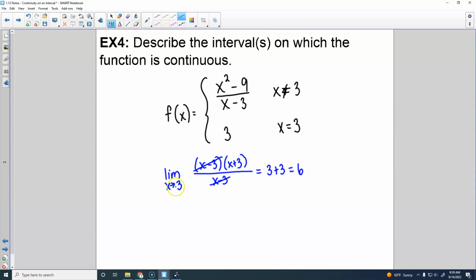So I would need to say f of 3 equals 3. Right? Because if I plug in 3, which is the only time I ever use this bottom function, the answer is 3.